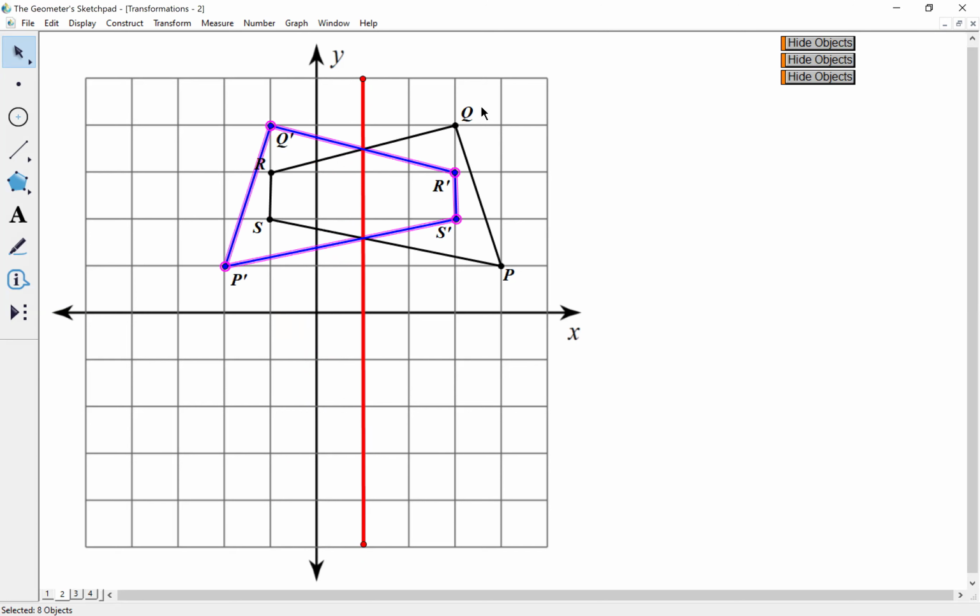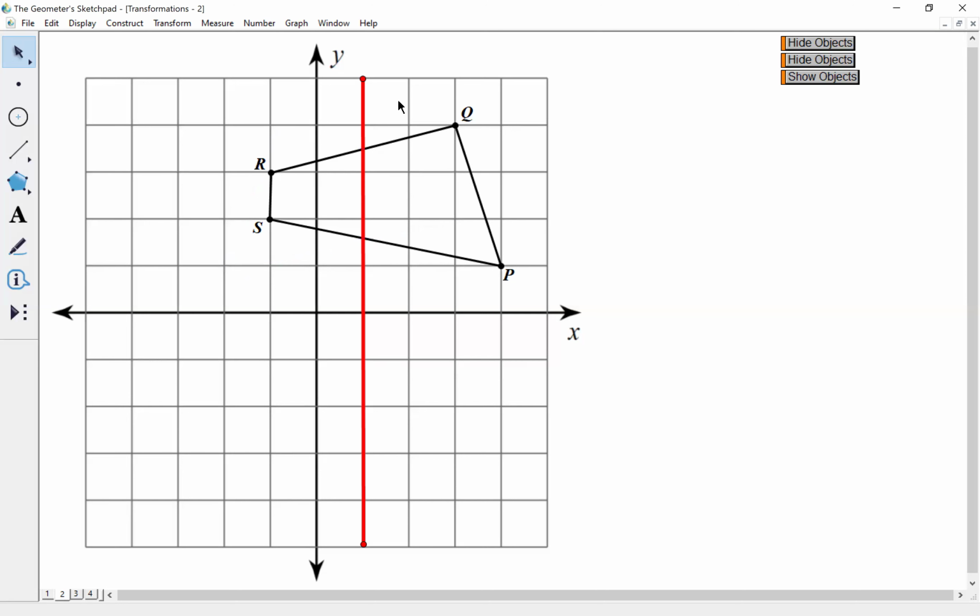Because technically, look, the points Q and P, I move them from one side of the mirror line to the other side. You see my Q prime, P prime? But look at my points R and S. They were on the left side of the mirror line, and I move them to the other side. So when my mirror line crosses the original picture, my two pictures are going to be overlapping.